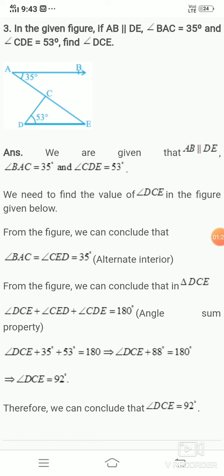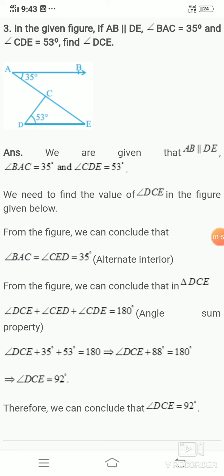So what we can understand is, at A 35 degrees is given, so at E also 35 degrees, as alternate interior angles. That is, angle BAC or BAE is 35 degrees, so CED is also 35 degrees. Because the two lines AB and DE are parallel, we have 35 degrees at A and at E also 35 degrees.